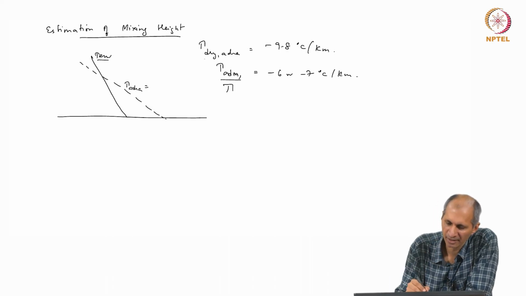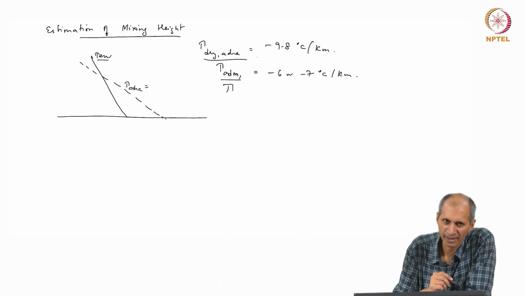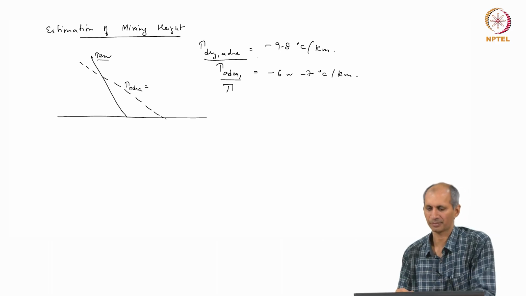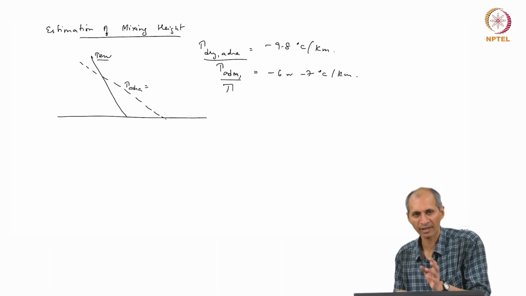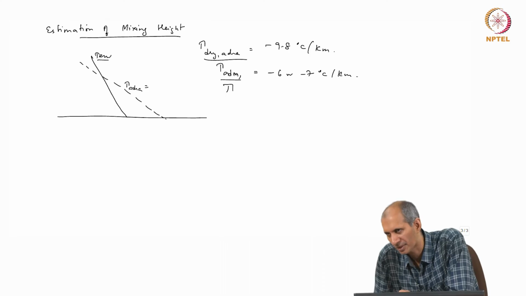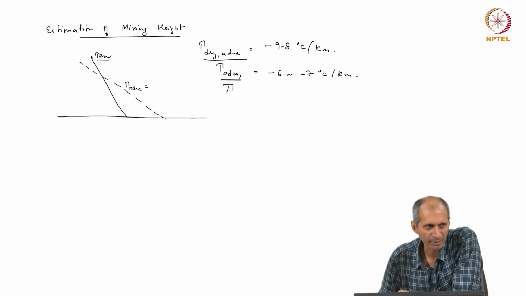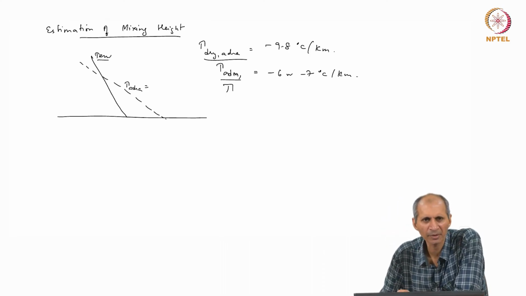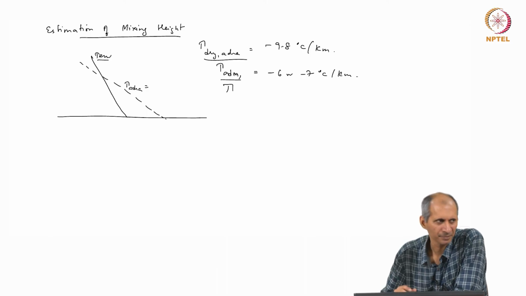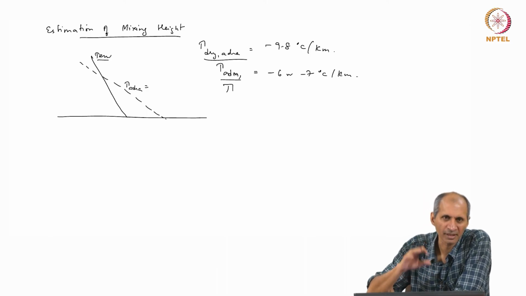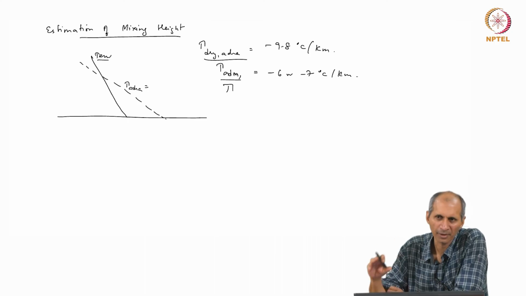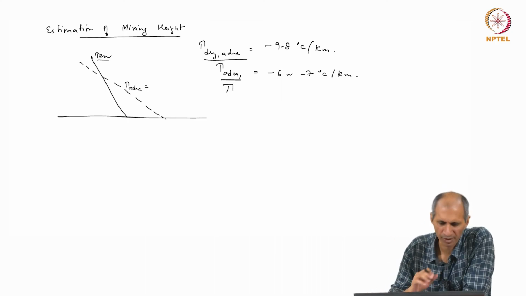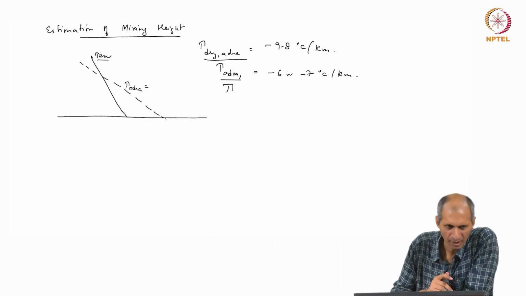An ideal way to do it is the dry adiabatic lapse rate, but be aware that you may not have minus 9.8 degrees centigrade per kilometer all the time. It will be something else, but it will give you a fair idea of what is likely to happen to a pollutant, what the general scenarios are, and then you can build up on that scenario by making more accurate assumptions.